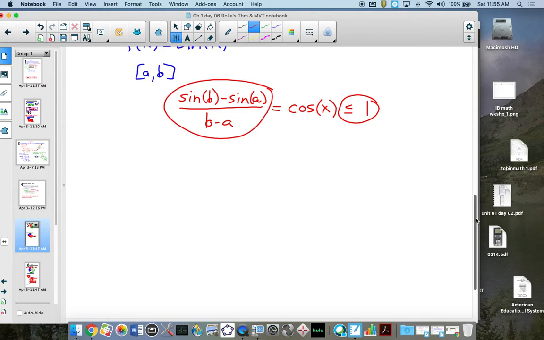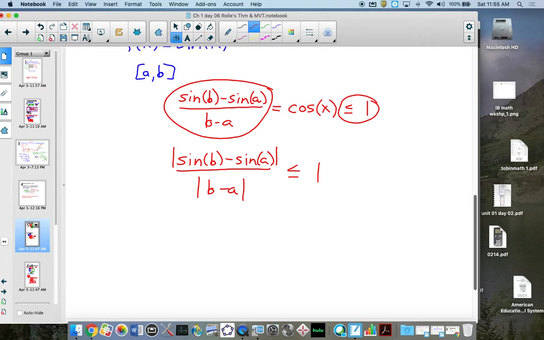So the absolute value of sine of b minus sine of a over the absolute value of b minus a is less than or equal to 1.